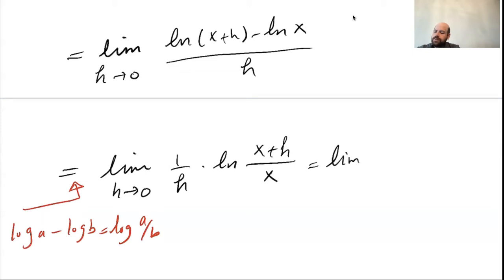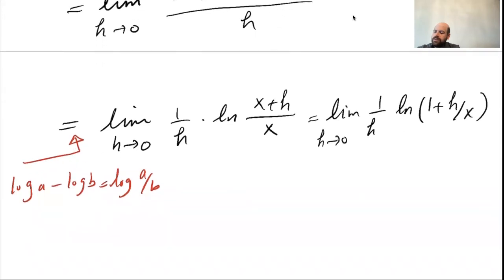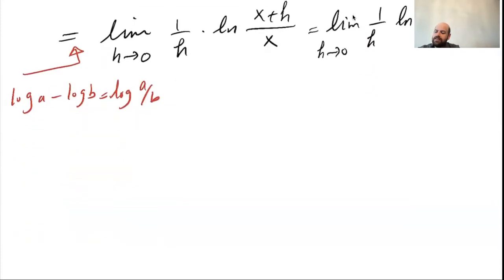So now this is limit 1 over h ln of 1 plus h over x, h approaches to 0. Now I can use substitution. Let's say I call h over x as t. Let's see what would be the limit if I call it t.